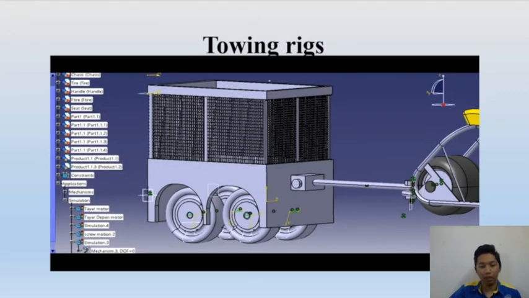Okay, this is for the towing rig. The motion simulation I tested at the tire, so I will show you the video. You can see the tire is moving.